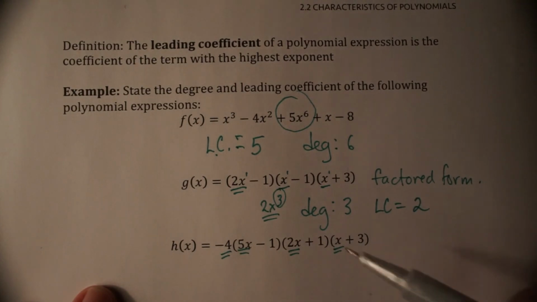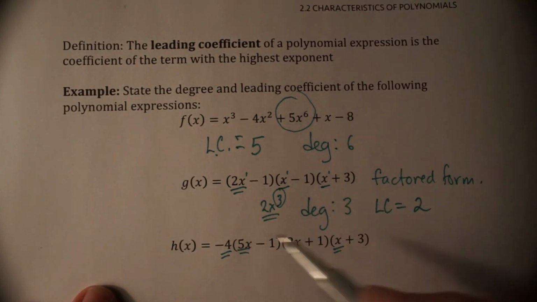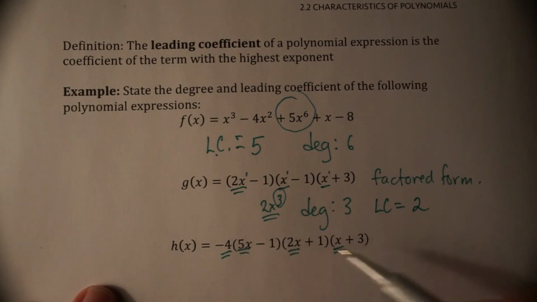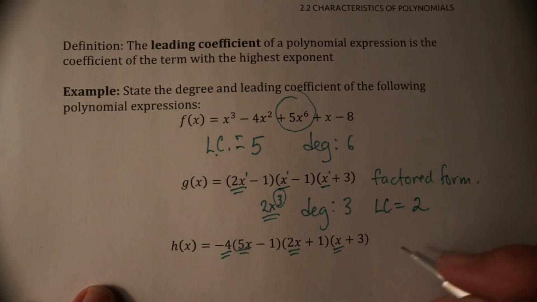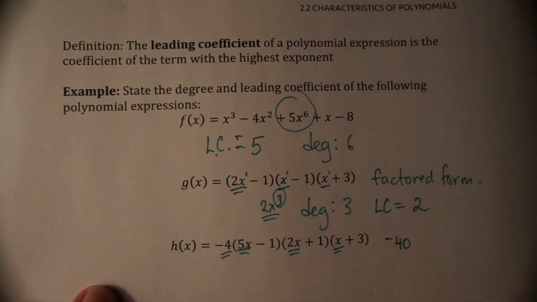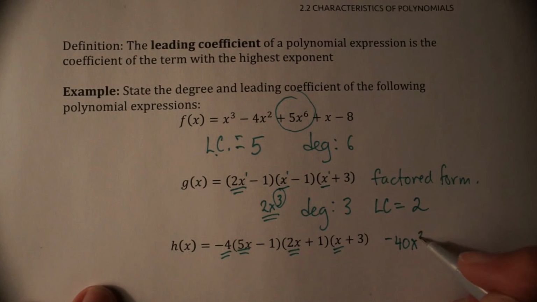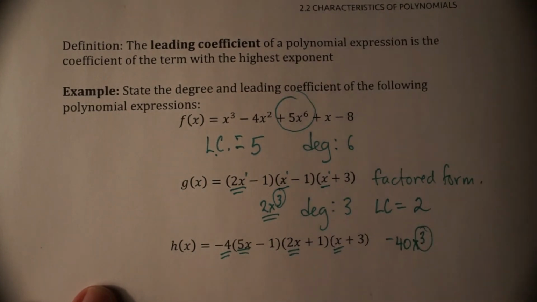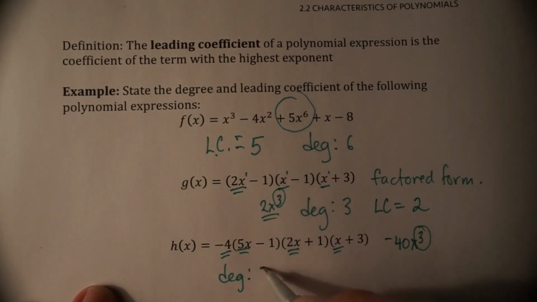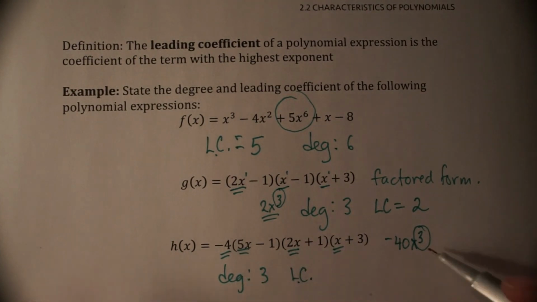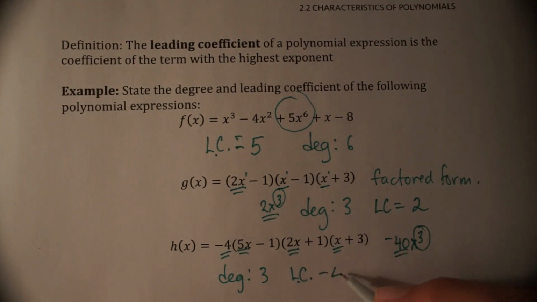So the highest powered term will be negative 4 times 5, which is negative 20, times 2, which is negative 40, and then x times x times x, which will be x cubed. So the degree will be the highest power, so my degree will be 3, and my leading coefficient, I had to multiply all those numbers together, negative 40.